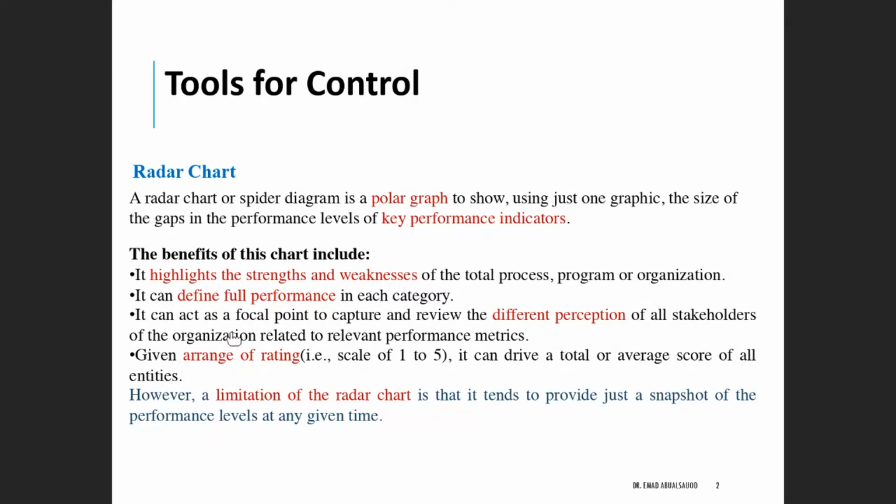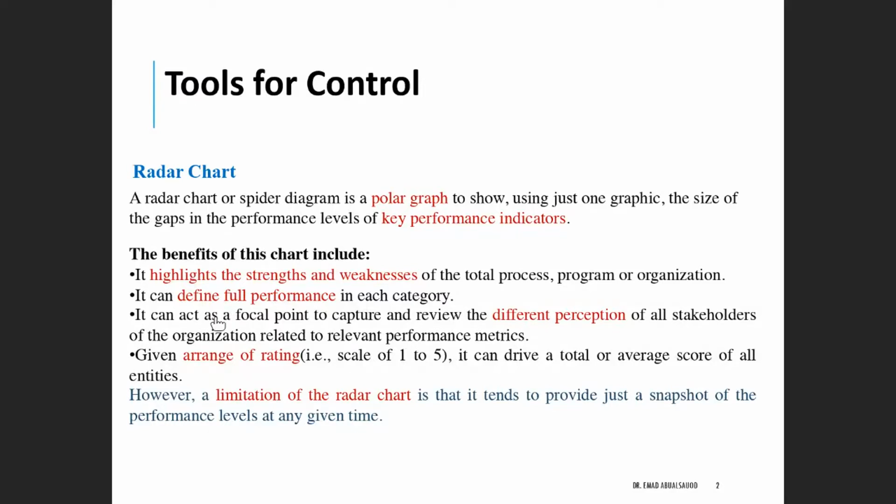The benefits are listed here. It highlights the strengths and weaknesses of the process or the product, or even the team workers or the human resources you have in the organization, as we will see in the example. It defines full performance in each category.